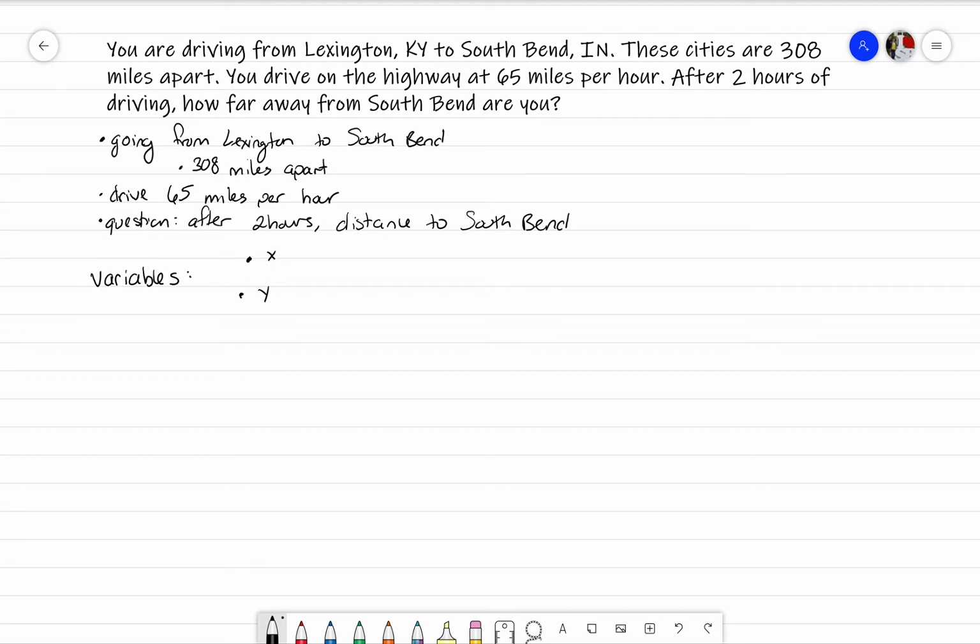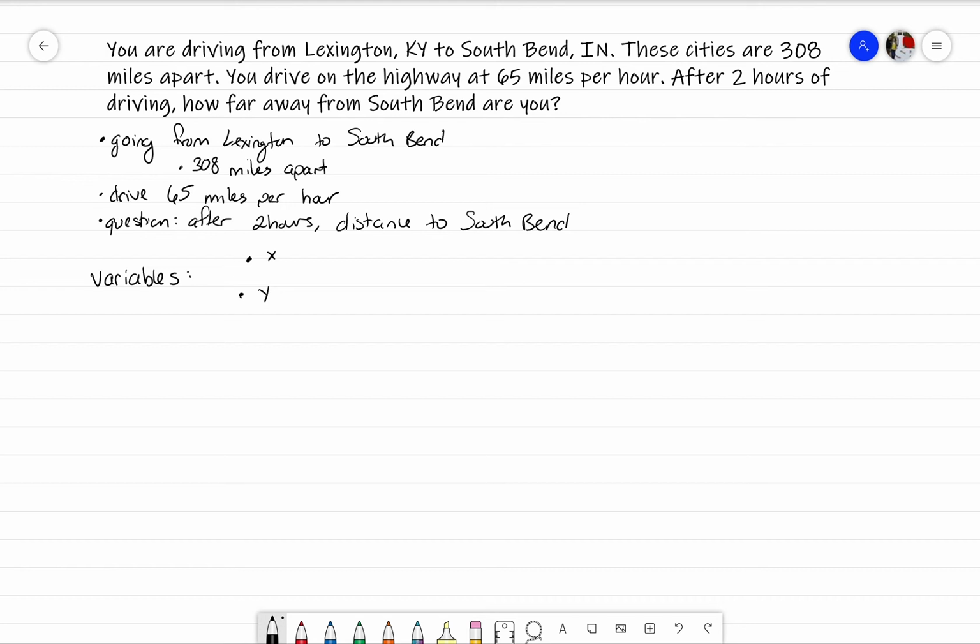So there's a couple of general trends that you'll see. Whenever you're dealing with money, the money is usually the y variable. In this case, we're not dealing with money, so that's not an issue. Usually if time is one of the things you're measuring, that's usually the x variable.